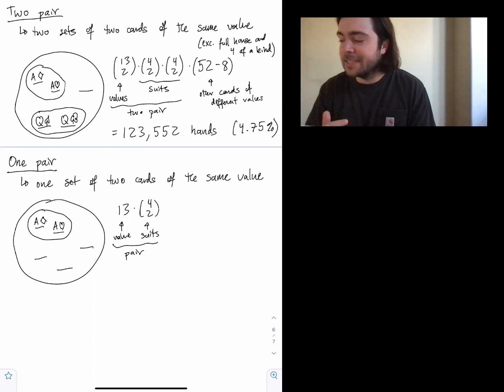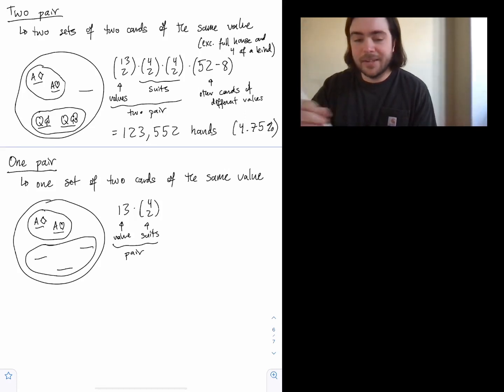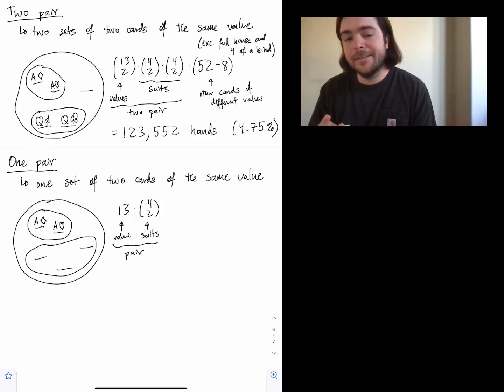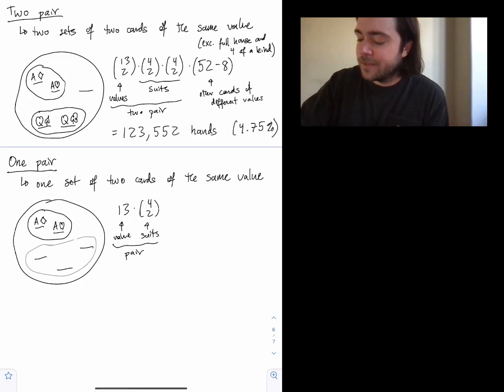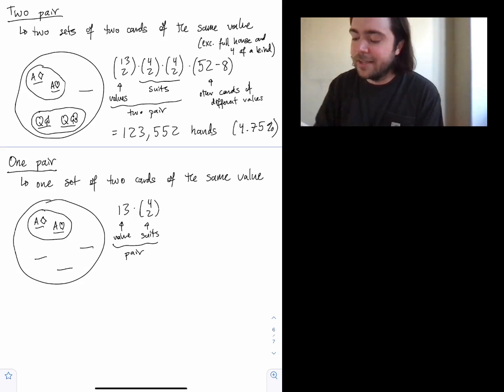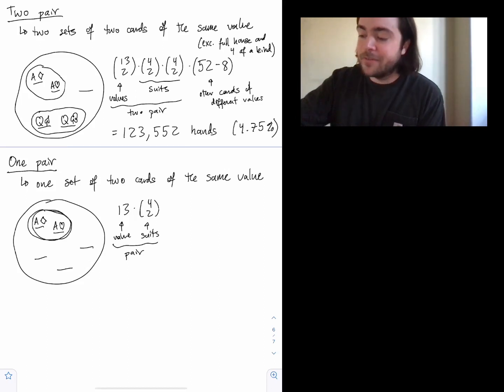So there's only 12 possible values I can choose from. Could any of those values, for these 3 cards, ever have the same value appear? No, because if 2 values appear, then that'd be 2 pair. And if all 3 are the same value, that'd be a full house. So in other words, I can't have any repeating values among these other 3. And I also can't have the value I chose for my pair.